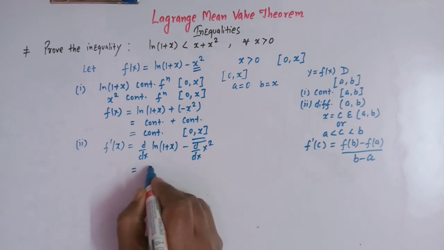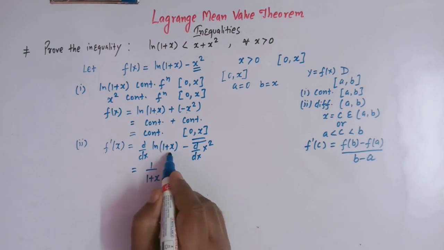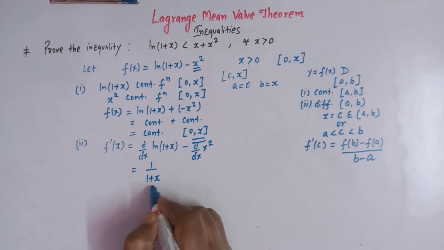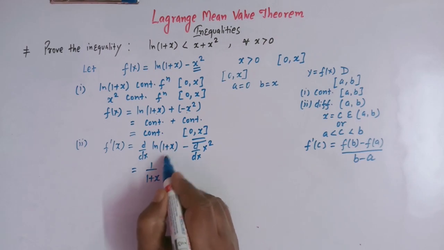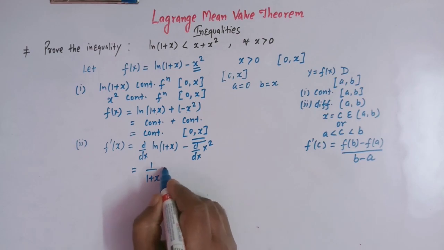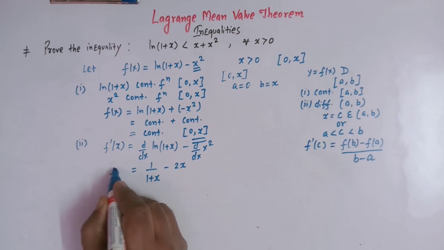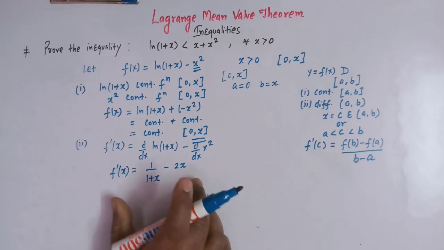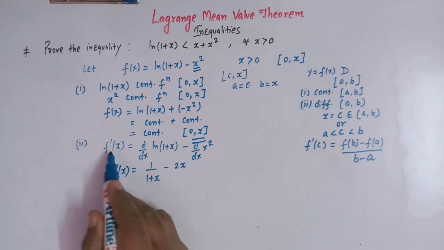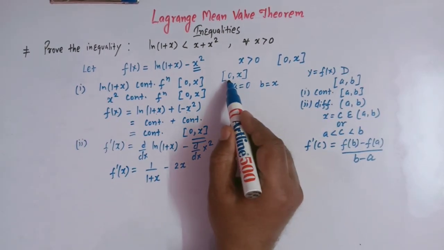So we have 1 over 1 plus x, because the derivative of log x is 1 over x. So here we have 1 over 1 plus x, and here we have 2x, right?